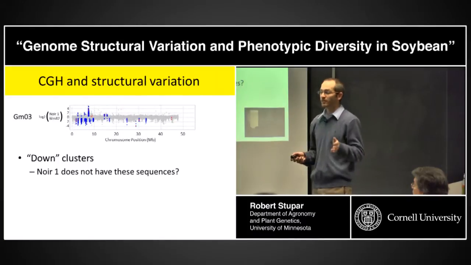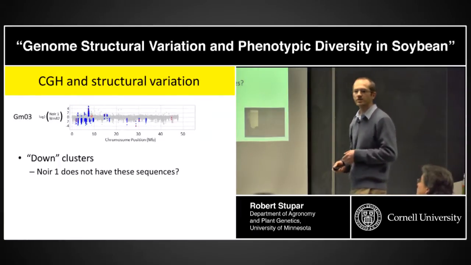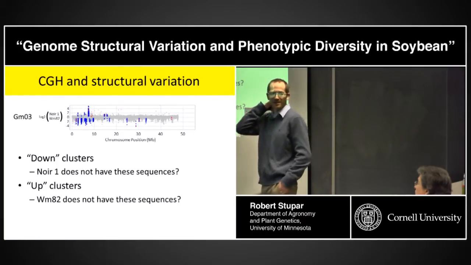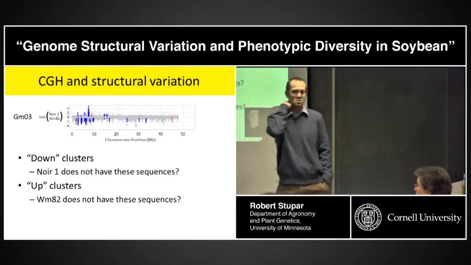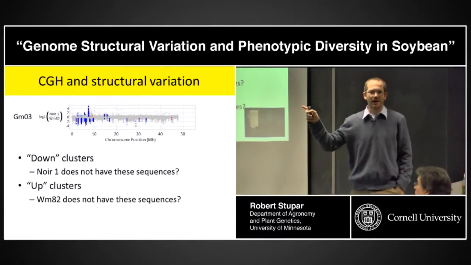In many of those cases, Noir 1 will not have these sequences. Those are presence-absence variants, absent in Noir 1, present in Williams-82. And the rare up clusters we see, like here, are probably instances where Williams-82 does not have these sequences and they are present in Noir 1. Now, we don't see that very often.